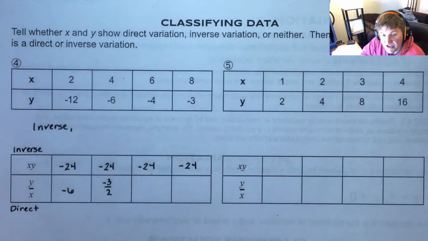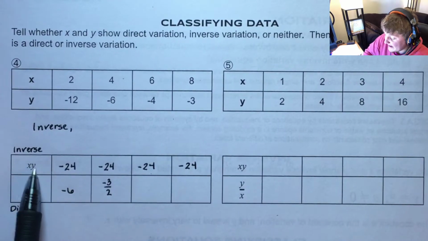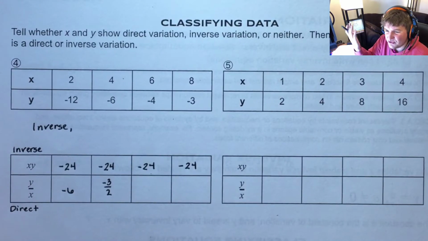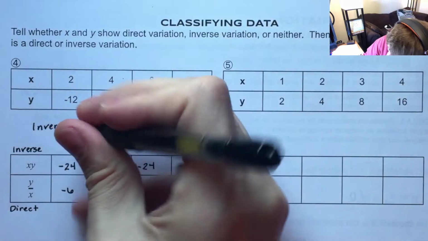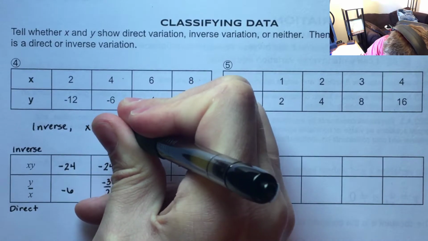Now I just have to write the equation for it. Pretty much a straightforward starting point. We know that x times y is equal to what number every time? You need to think about what number x times y is always equal to. Well, it's always equal to negative 24. So that can be our starting point: x times y is equal to negative 24.